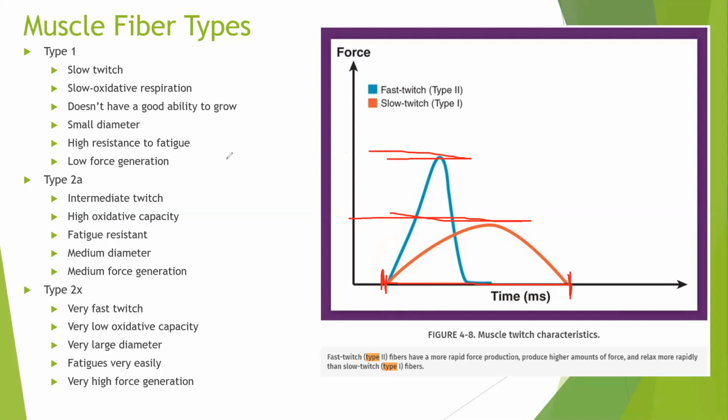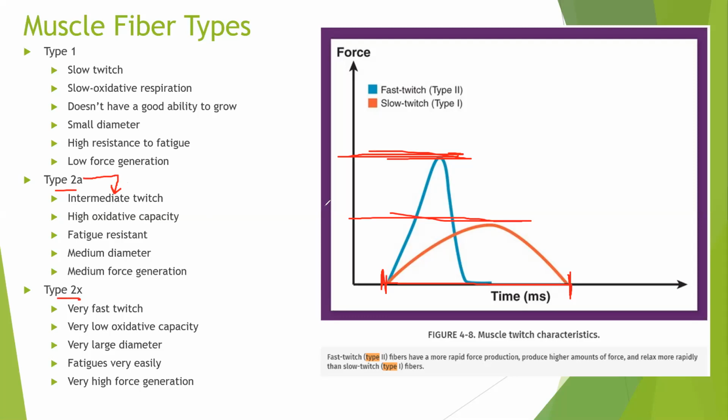Now, when we get into our fast twitch or type 2 fibers, those break down into several different categories, but the two we're going to focus on here are type 2A and type 2X. Type 2A, while they are fast twitch, you would think of as an intermediate or medium speed. They're much faster than type 1, but they're not nearly as fast as type 2X.